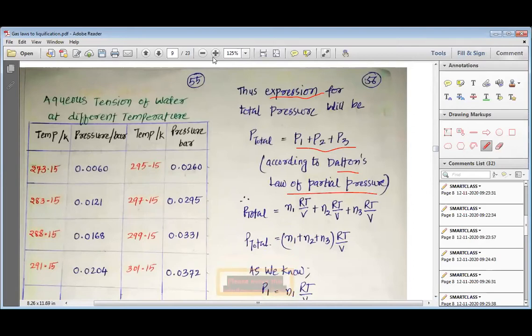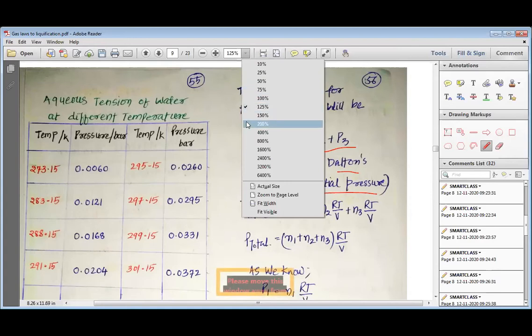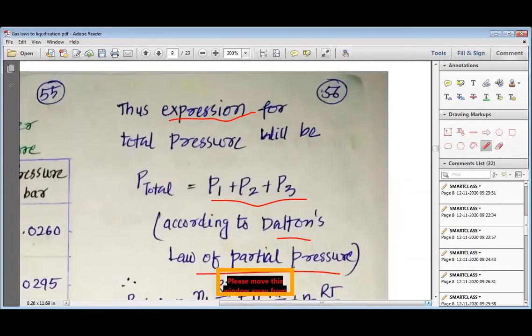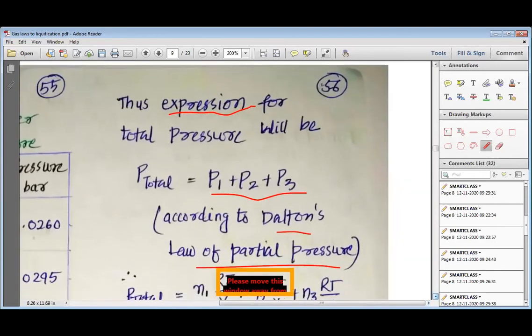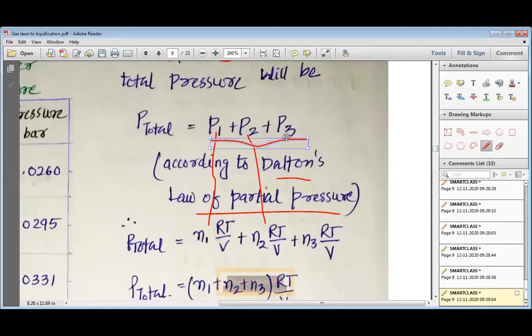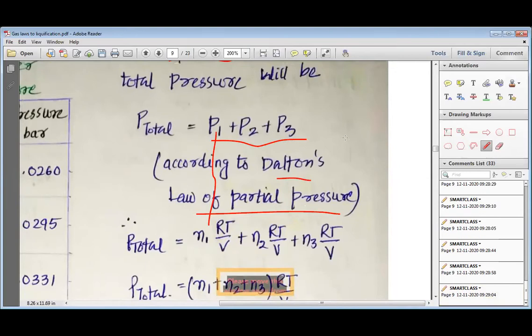Now we know that P1 is equal to N1 RT by V, P2 is equal to N2 RT by V, and P3 is equal to N3 RT by V. So we simply put the values for P1, P2 and P3.